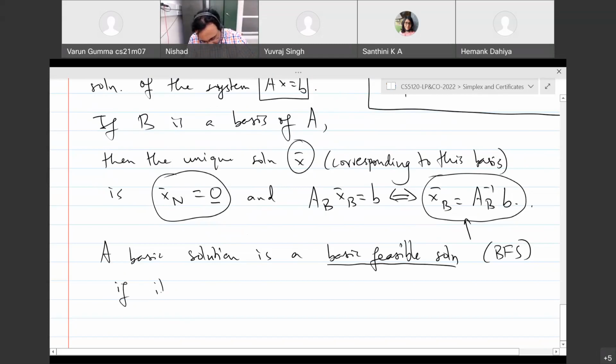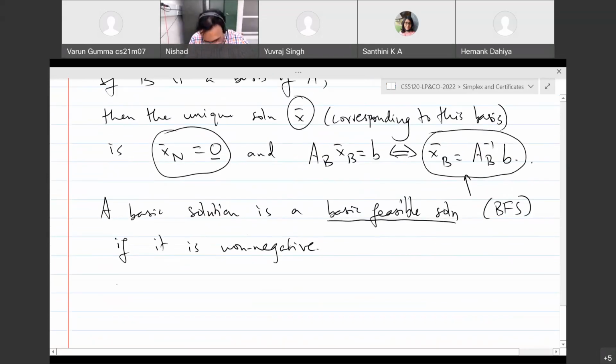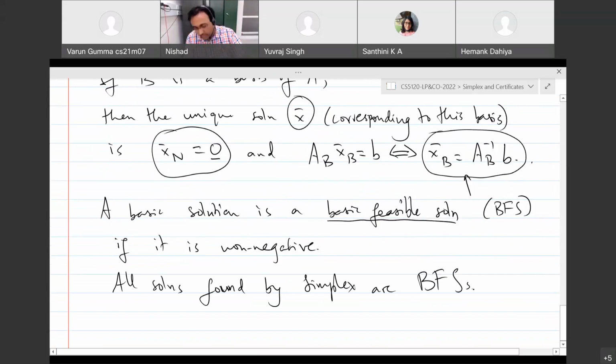If it is non-negative. Okay. So in particular, all the solutions found by Simplex are basic feasible solutions.